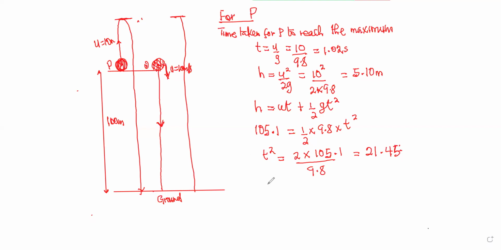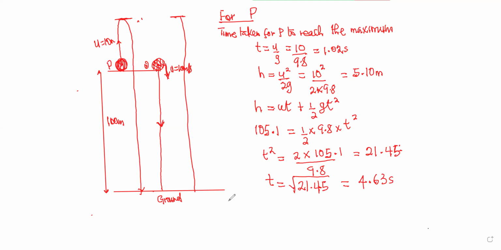Therefore, t is equal to the square root of 21.45. This must be 4 point something: 4.63 seconds. So it will take P this time to move from the maximum height to the ground.